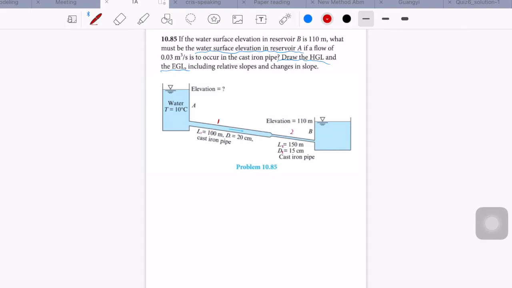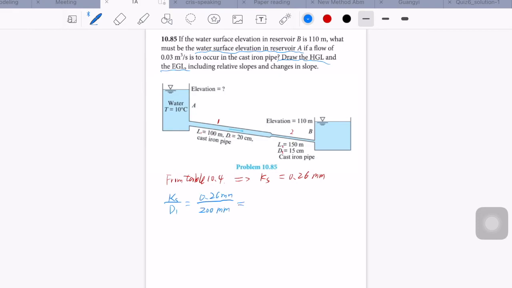And we need to calculate the relative roughness for each pipe first. So from table 10.4, we can find that the Ks for this problem is 0.26 millimeter. And then Ks divided by D1 will be equal to 0.26 millimeter divided by 200 millimeters.